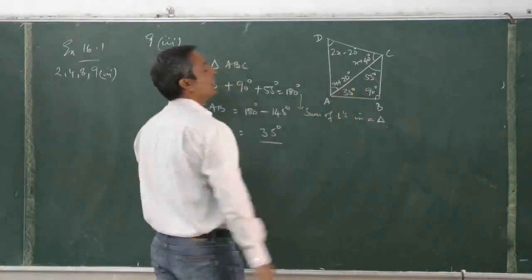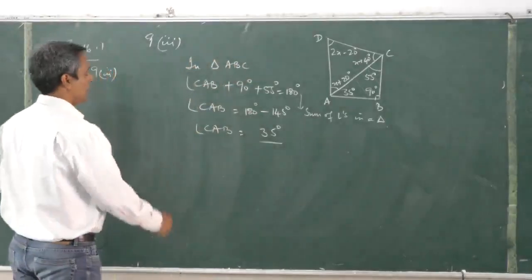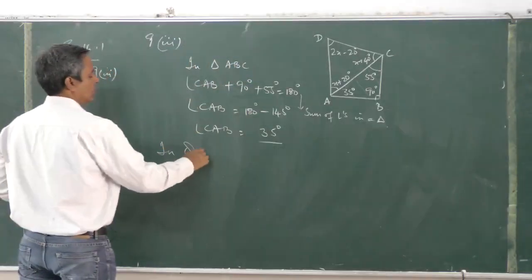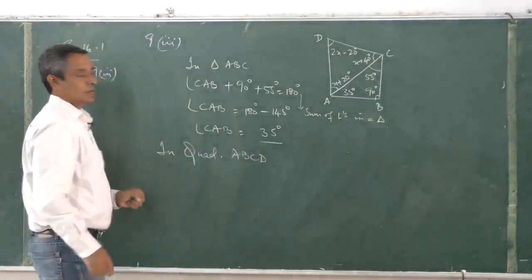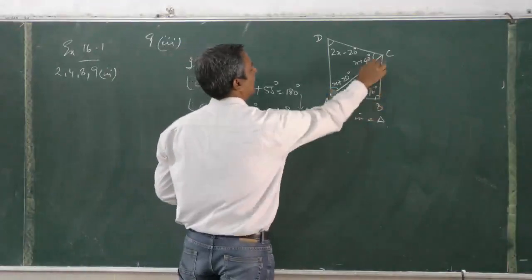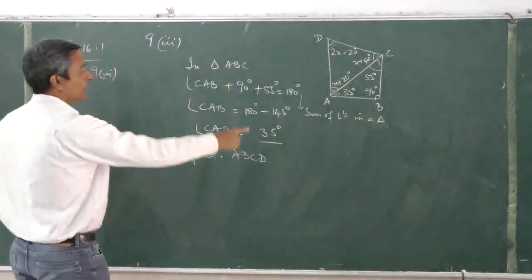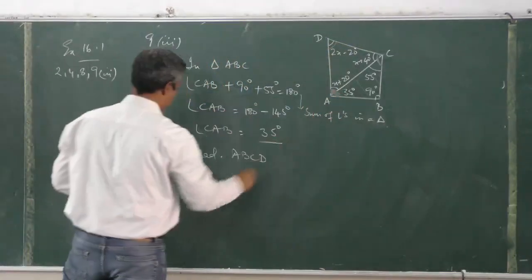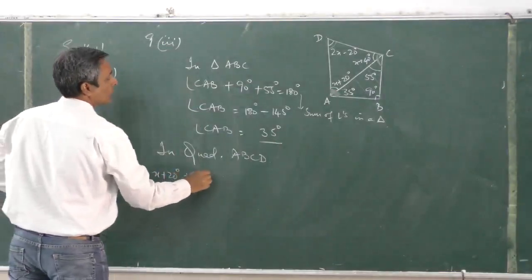Now I can begin to apply the angle sum property of a quadrilateral. In quadrilateral ABCD, I must be able to see the 4 angles. This is one angle, second angle, third angle and fourth angle. In this angle A, there are 2 parts. So I must be careful to write down those 2 parts.